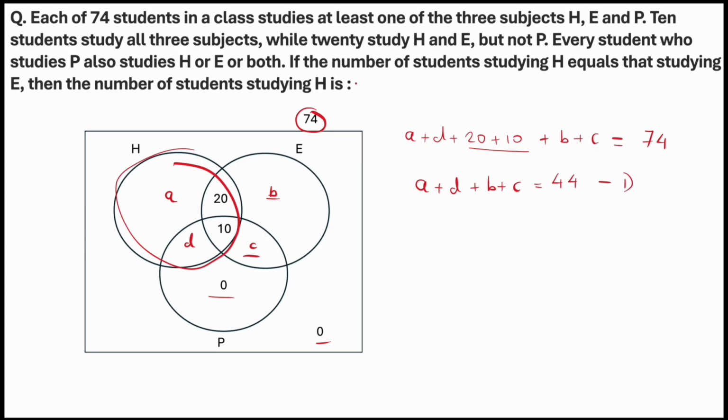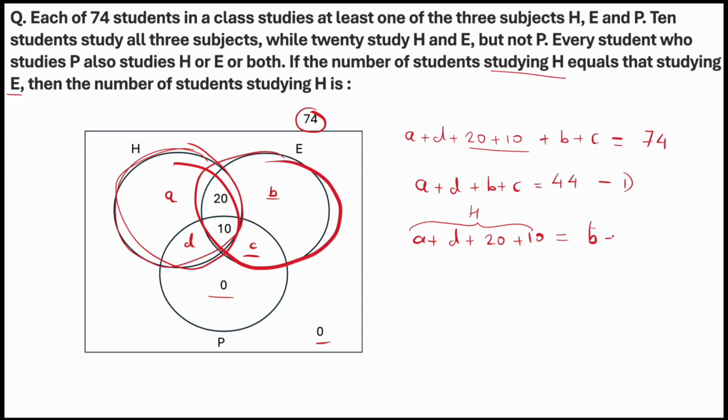Further, in the last line they've said the number of students studying H equals the students studying E. The students studying H will be this entire circle again: A plus D plus 20 plus 10. This is the number of students studying subject H. The question says this is the same as the number of students studying subject E, and this is the entire circle E. So that is B plus C plus 20 plus 10.